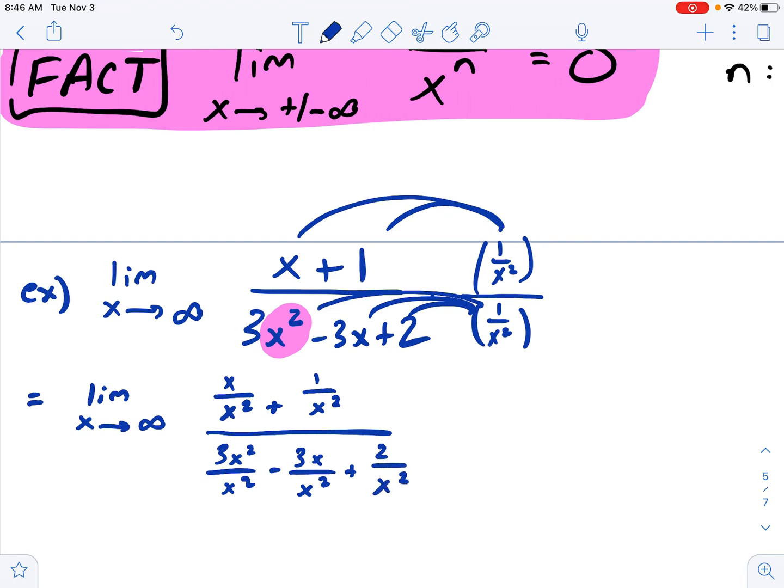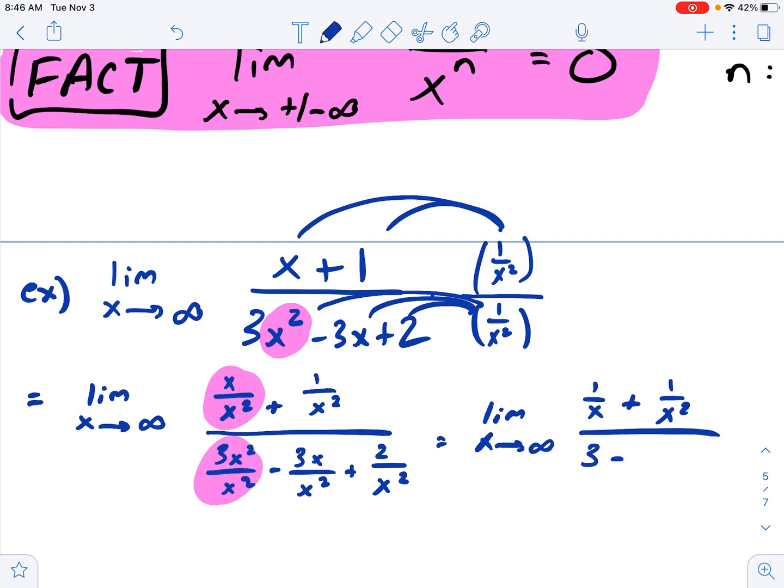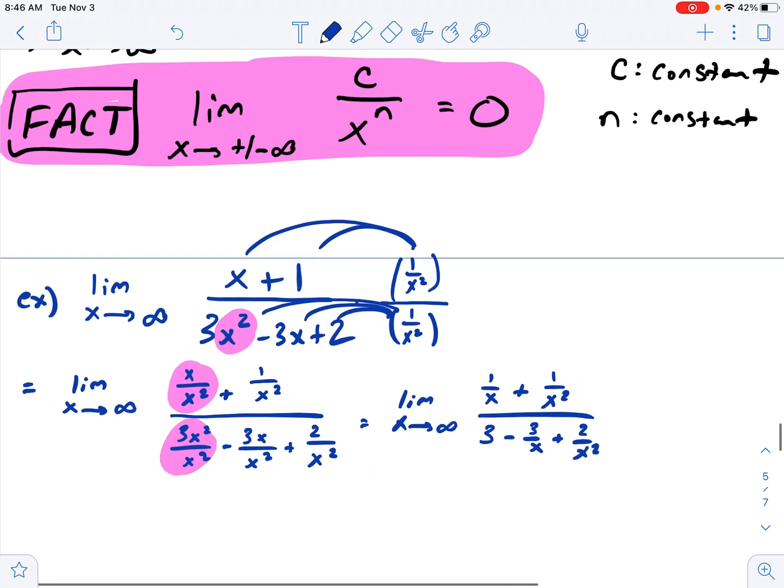Okay? And now I'm going to simplify this. So that becomes 1 over x. The next term is just 1 over x squared. I'll leave that as it is. In the denominator, the first term just becomes 3. Next term becomes negative 3 over x, and then plus the 2 over x squared.